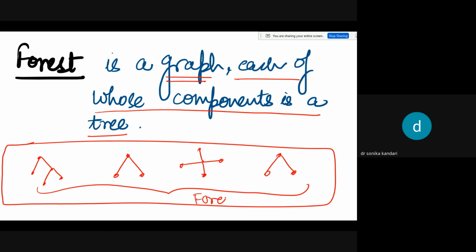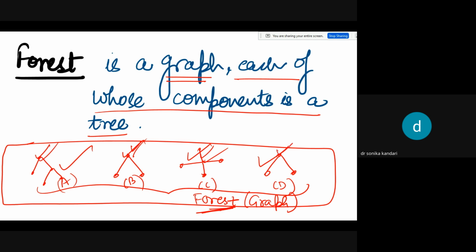It represents a forest. So a forest is a graph, each of whose components, like A, B, C, D, is a tree. Every one is a connected component. So this is a tree, this is a tree, this is a tree, this is a tree.